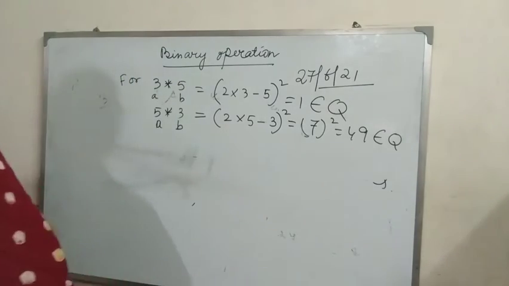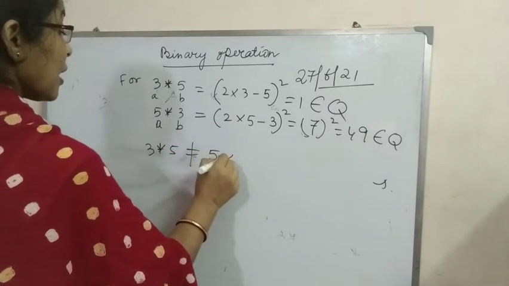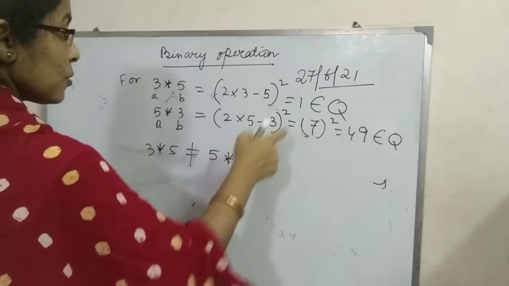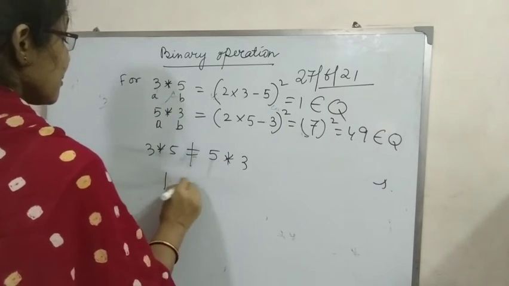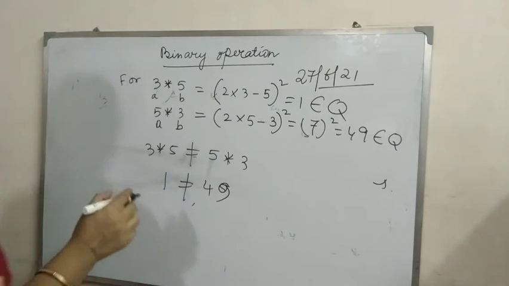No, because 3 operation 5 equal to 1 and 5 operation 3 equal to 49.